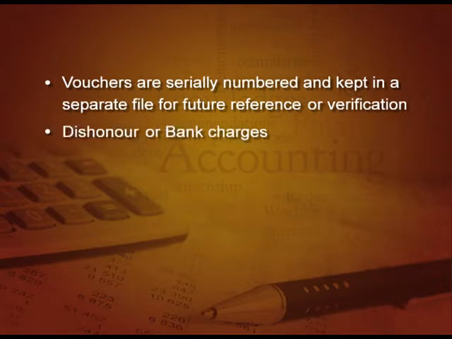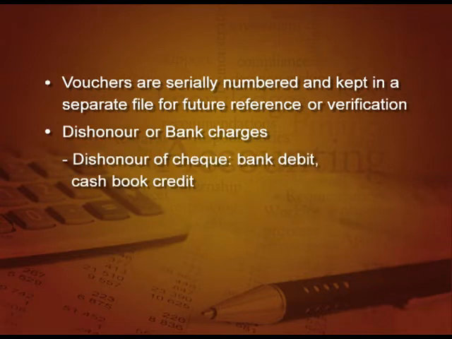Let us also think about a very important point, dishonor of a check and the bank charges. Dishonor of a check means bank will debit and cash book will credit. I am trying to say, in the bank account it will be debited, and in our cash book bank column it will be on the credit side.